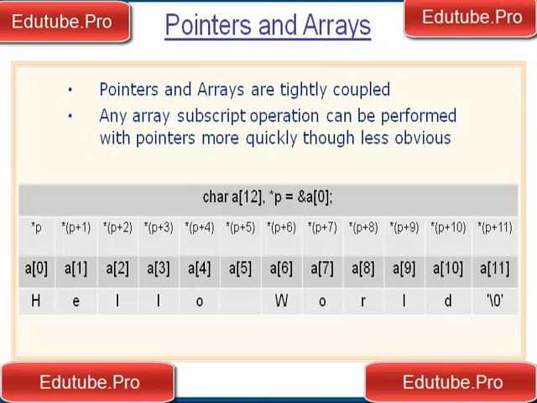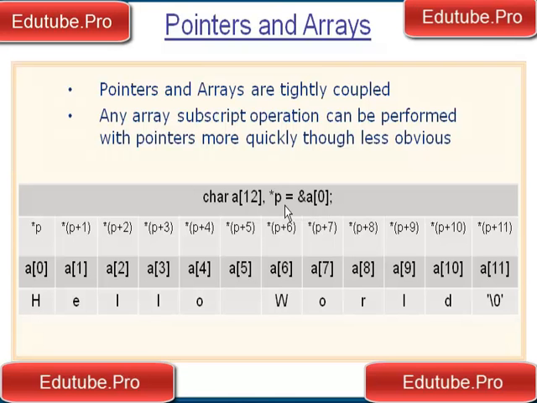Here we have an example of a character array that is 12 positions long, 0 through 11, 12 characters. Right next to it, we're also going to create, this is a standard C statement, an expression. We make a character A of 12, comma, a pointer called P, and this will be a character pointer, it has an asterisk there, and our initialization sets P equal to the address of A sub 0, which is this first byte right here.